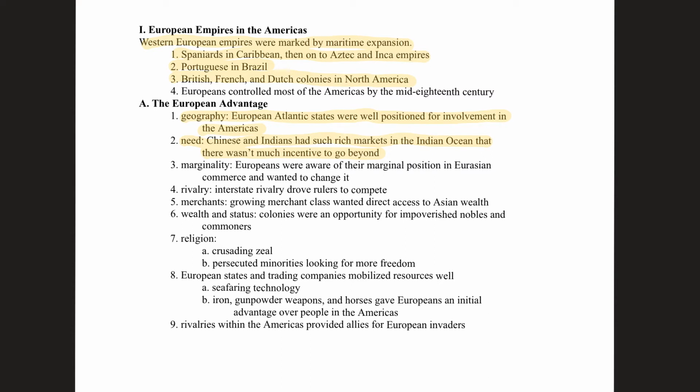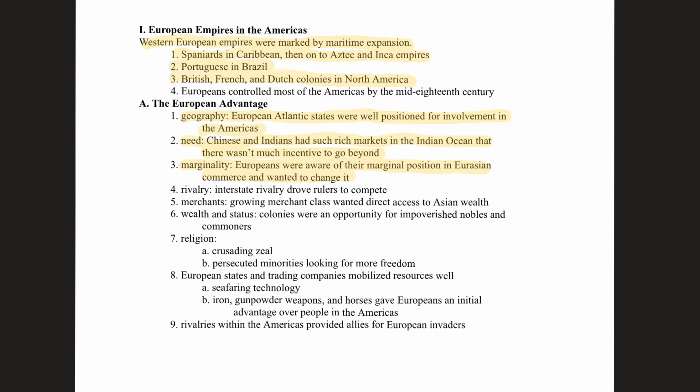The other issue here is going to be marginality. The Europeans were aware of their marginal position in Eurasian commerce and they wanted to change it. The Europeans understand that they're like the younger sibling of what's going on within China and India and also within the Ottoman Empire, like with the Middle East. And they want to change that position. They know that they have to do something to catch up.